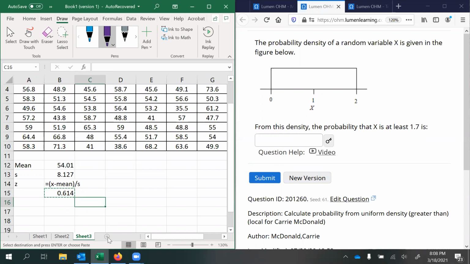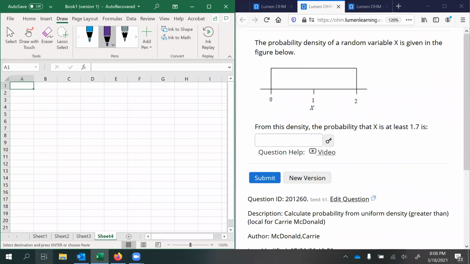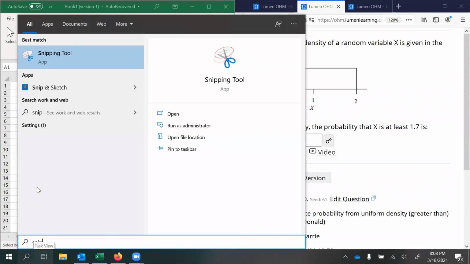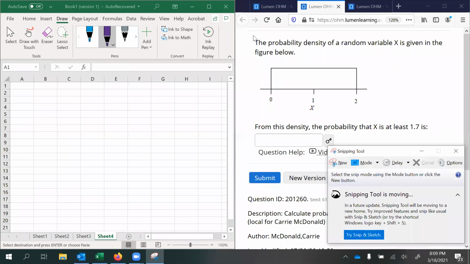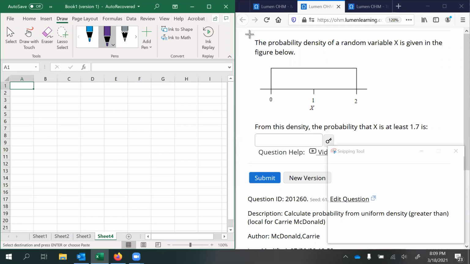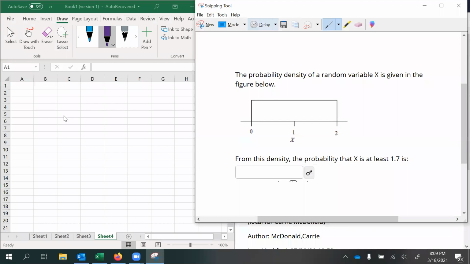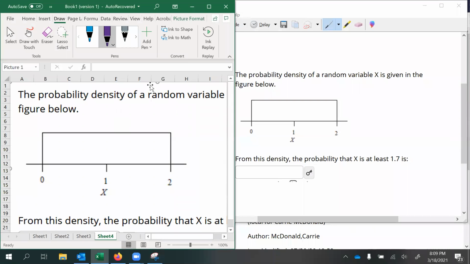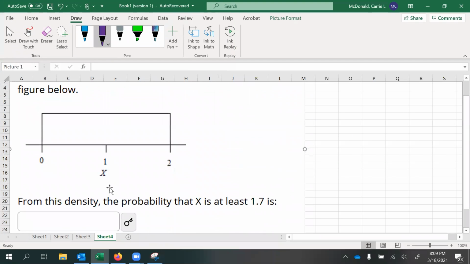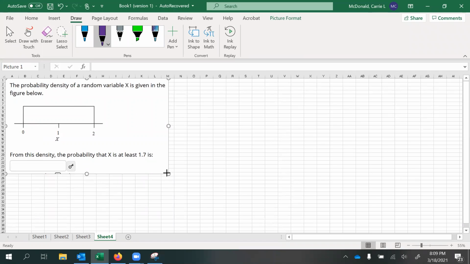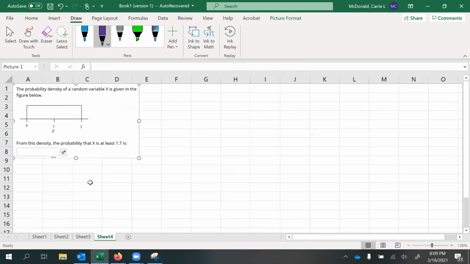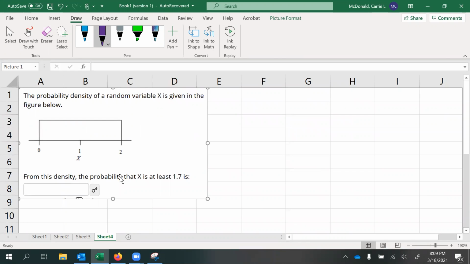Okay, so for this one, I'm just going to copy a picture of this over so I can draw on it for us. It says that we want the probability of a random variable x that is at least 1.7.